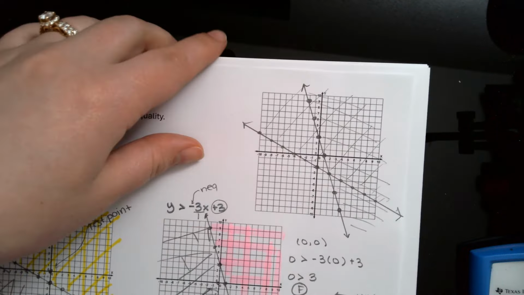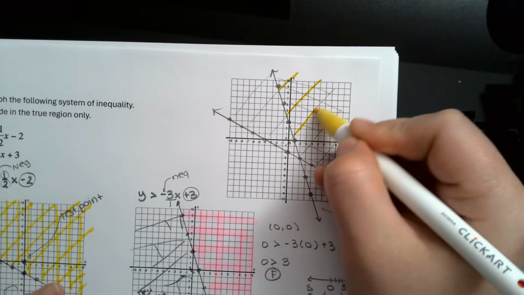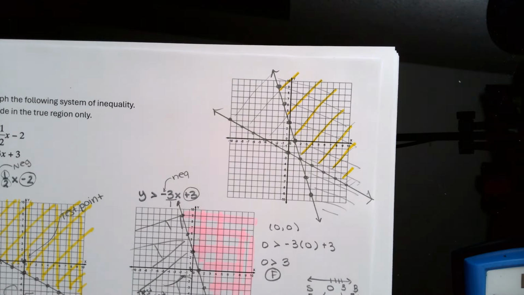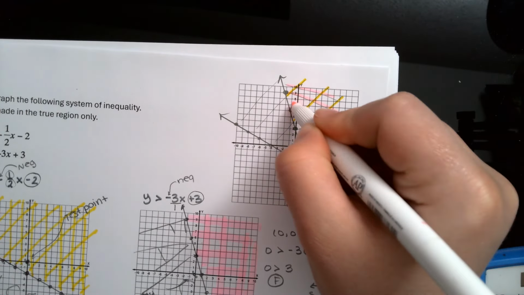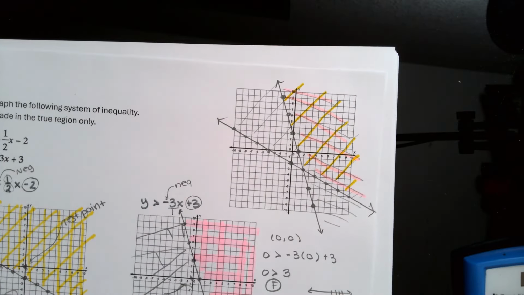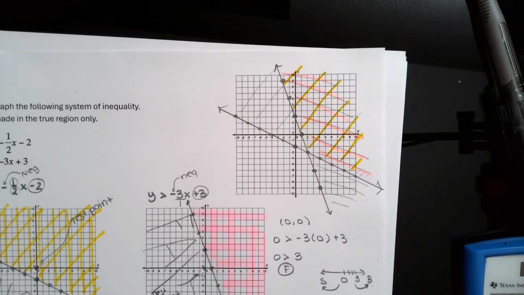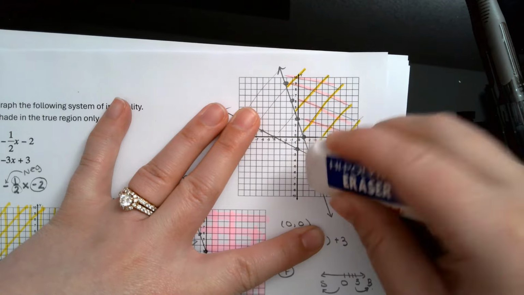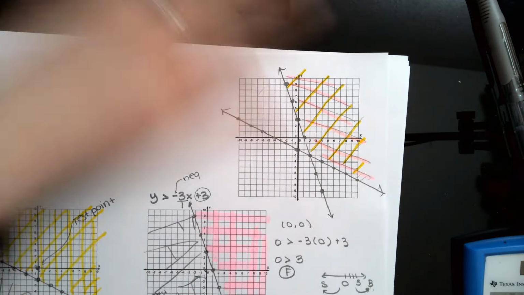I'm going to erase the pencil in a moment, but this section right here and this section here is the actual true for my answers. That means nothing else should be here, only the overlapping of the colors.